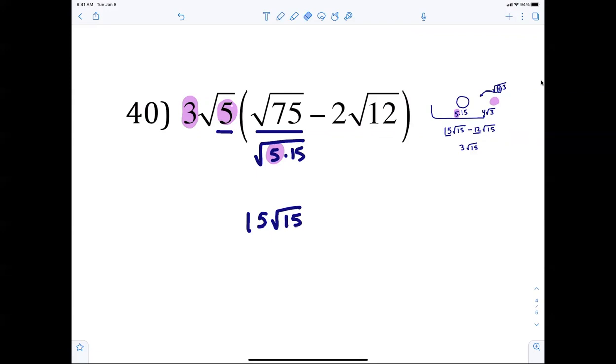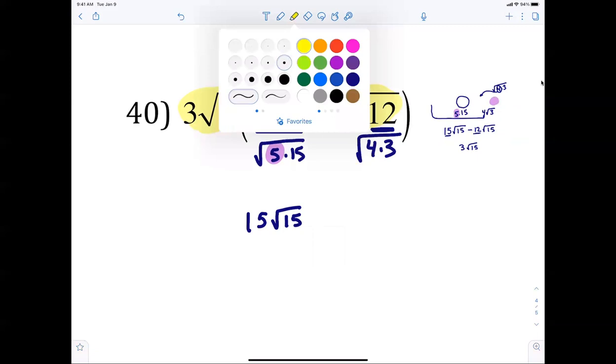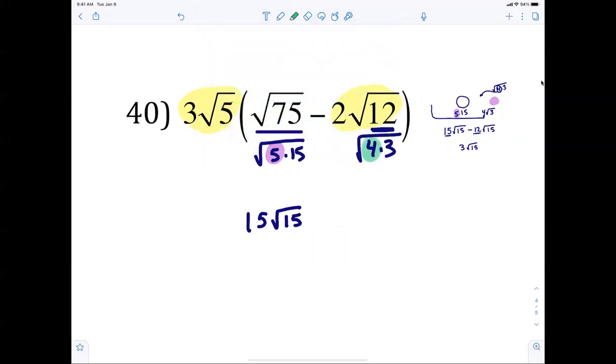All right, now what I'm doing is I'm going to multiply these two things together, the 3 radical 5 and the 2 radical 12. And I said, well, there's nothing common with 5 and 12, so I can't break it down. But I do notice that in 12, there is a perfect square. 12 is 4 times 3. So then I said, what is the square root of 4?